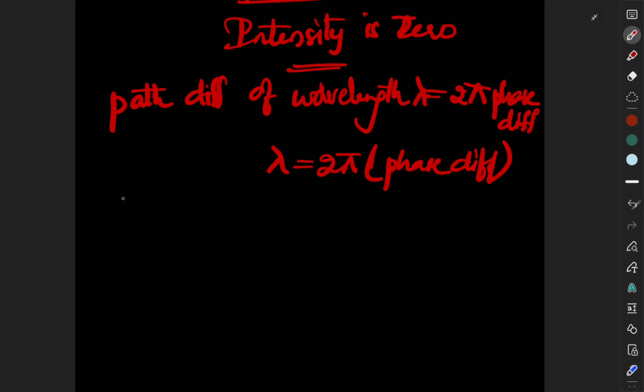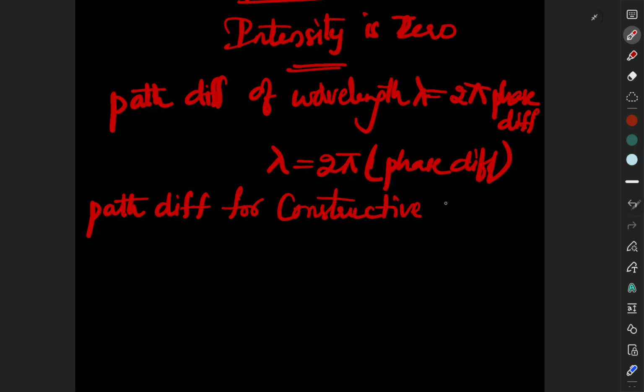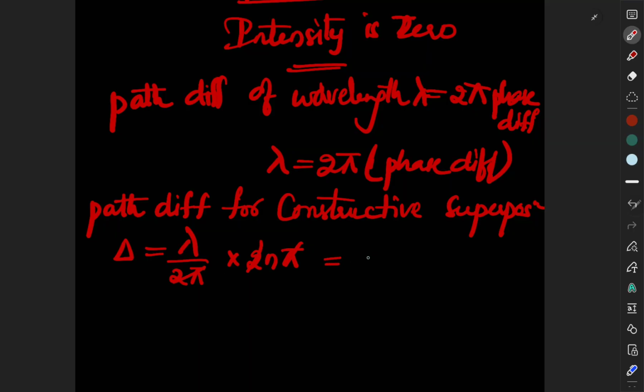So hence path difference for constructive interference or constructive superposition, delta, is equal to lambda by 2 pi into 2n pi. The 2 pi cancels, n lambda remains. So path difference for constructive interference delta is equal to n lambda.